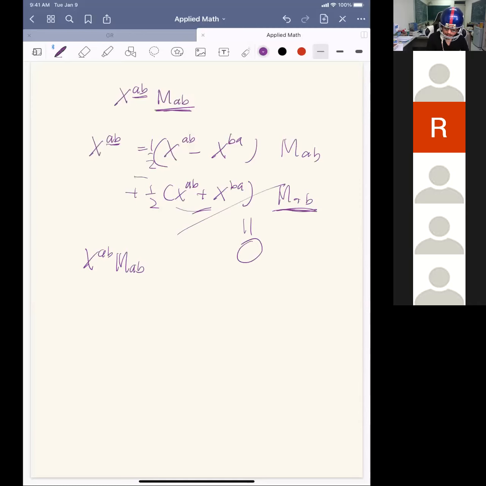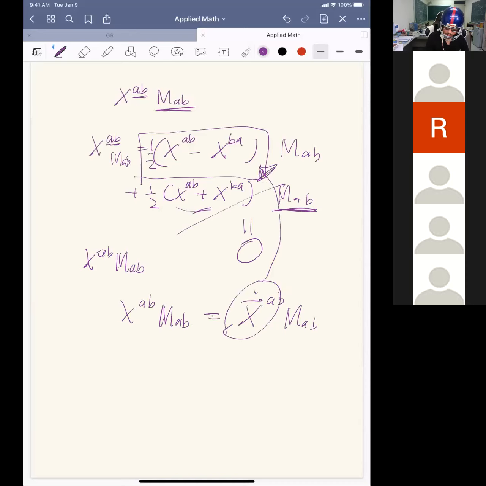So you're left with the antisymmetric piece. That means X_AB multiplied by M_AB is equivalent to X-bar_AB multiplied by M_AB, where X-bar_AB is antisymmetric. It's just this part. So whenever you're multiplying something with an antisymmetric piece, that something is also antisymmetric. Is that okay? Yes. Okay. Is there another question?